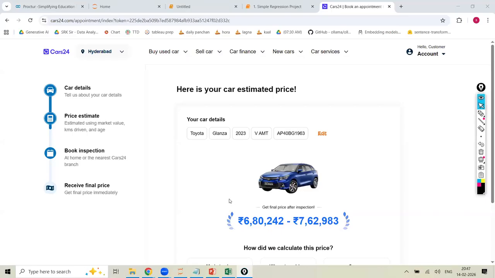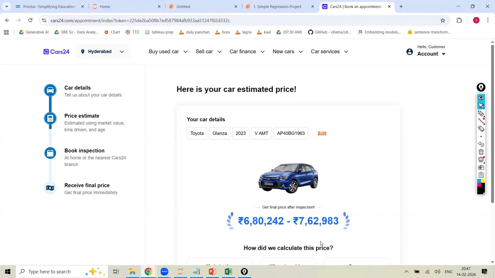After the class, if you want to try, you can also try by giving details. If you don't have a car also, not a problem. Just give some car number you see outside and cross-check. So this is my car details I have provided. Based on my car details, it is saying this is the value, minimum to maximum.